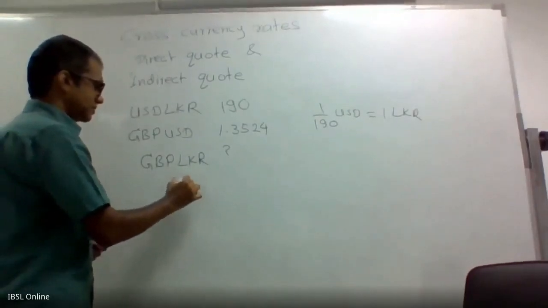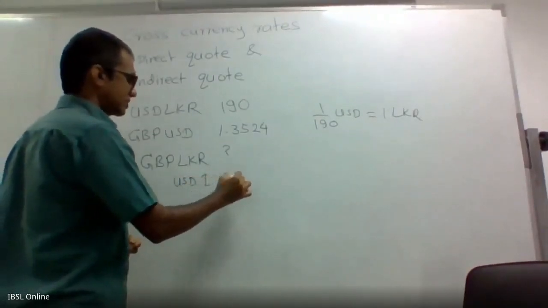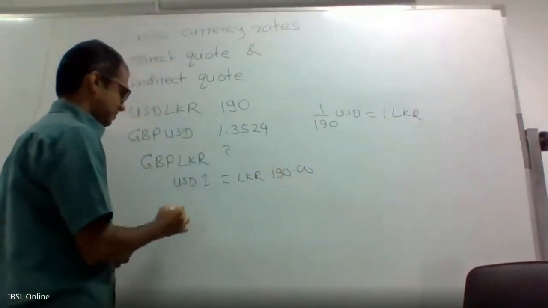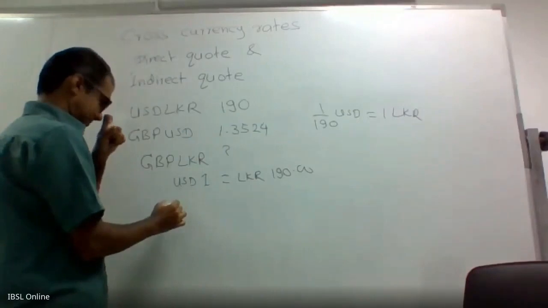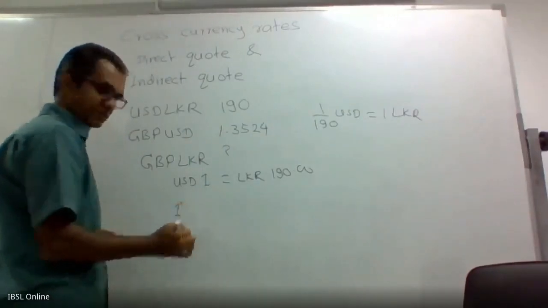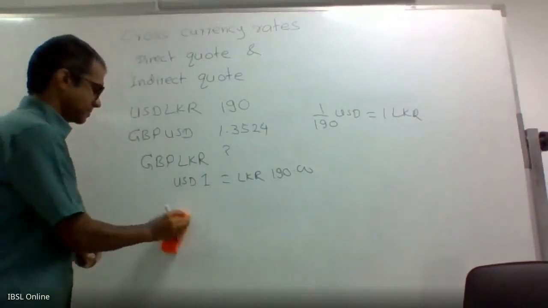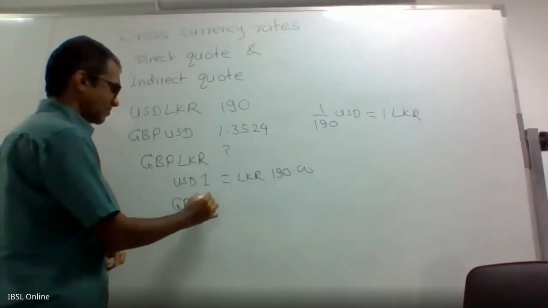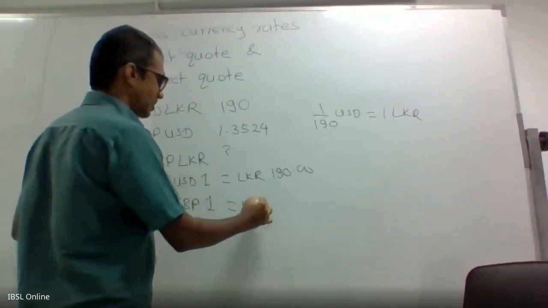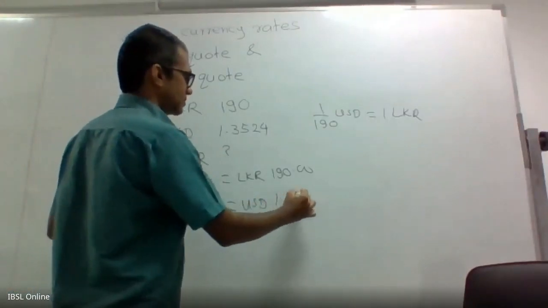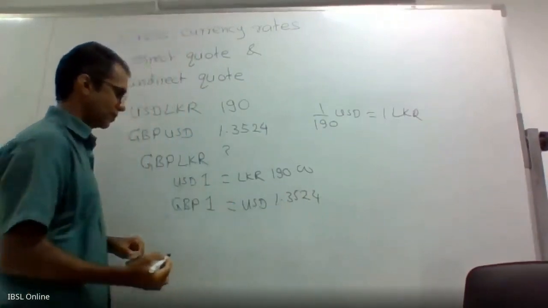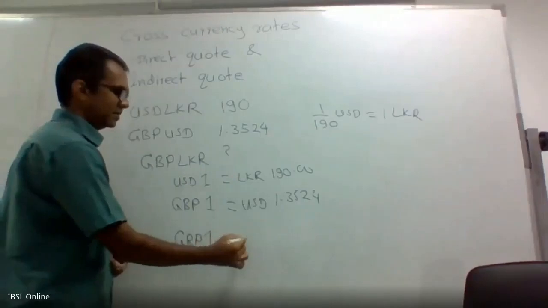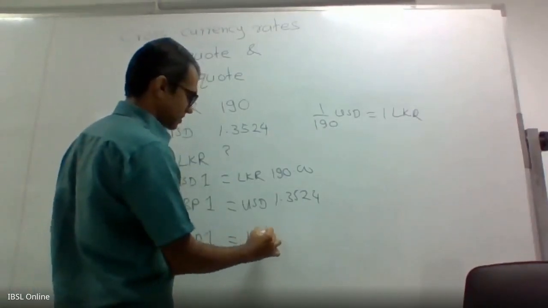Again, write $1 equals 190 LKR and 1 GBP equals $1.3524. How do we find 1 GBP in terms of LKR?